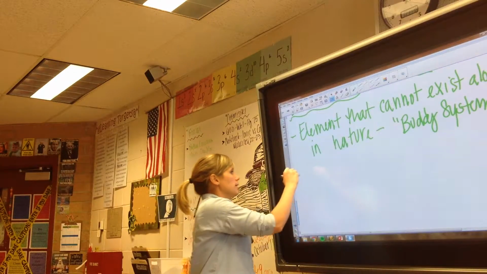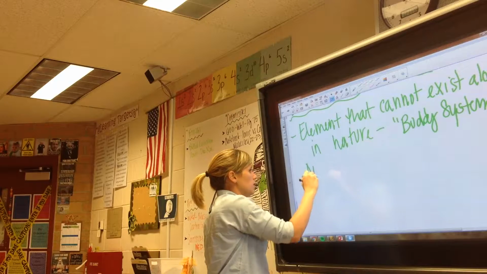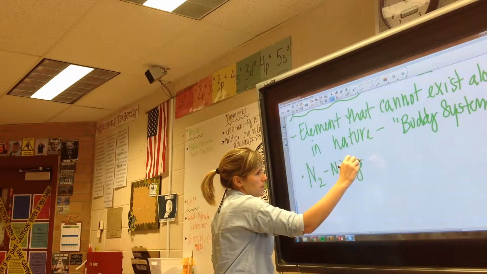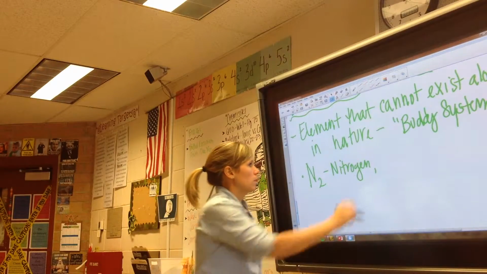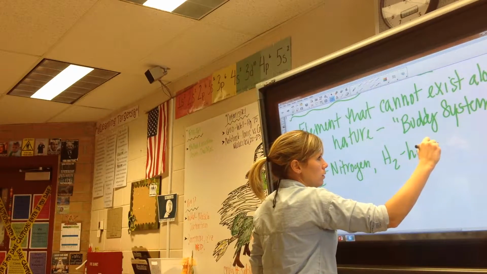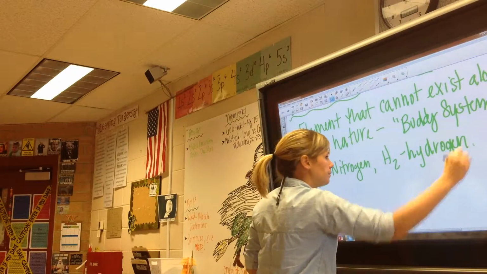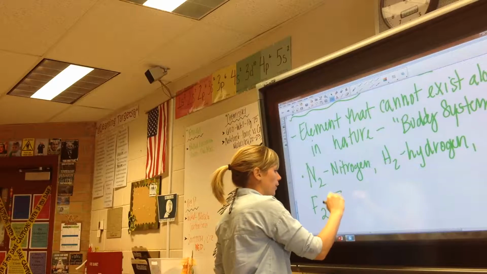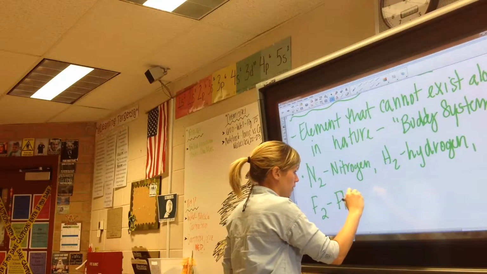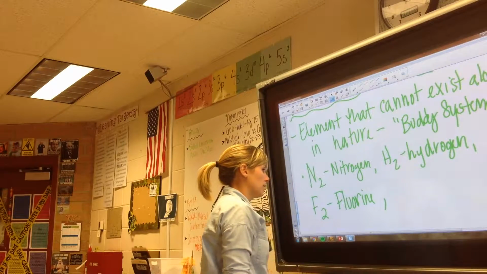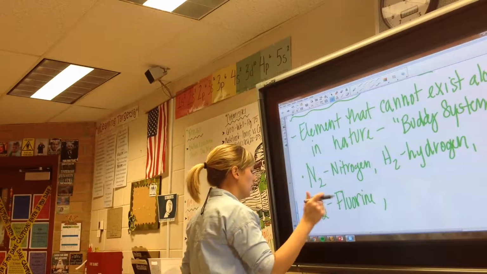Okay, these are our diatomic molecules. We've got N2 is nitrogen. H2 is hydrogen. F2 is fluorine. Hey, just make sure you spell it right. You guys have a periodic table in front of you at all times.